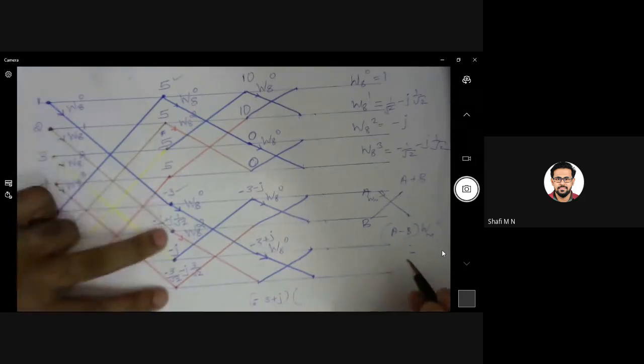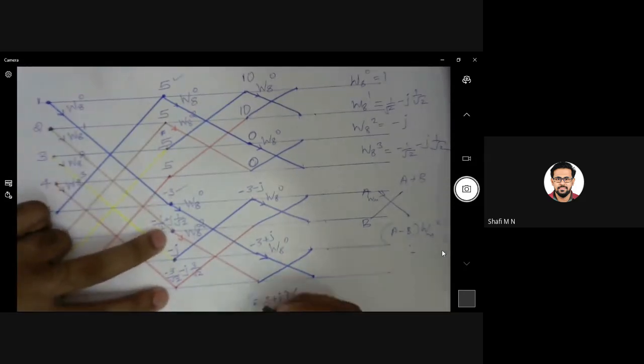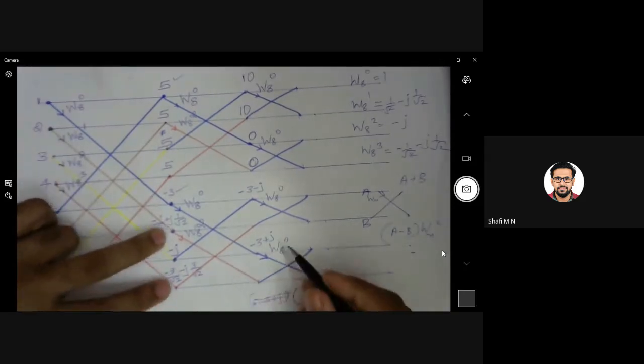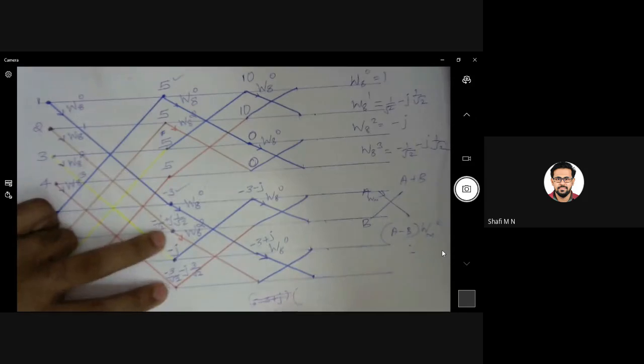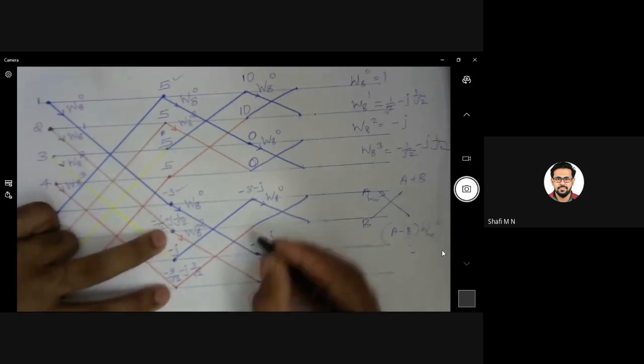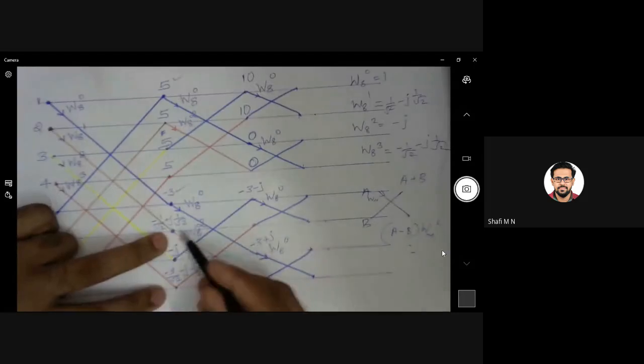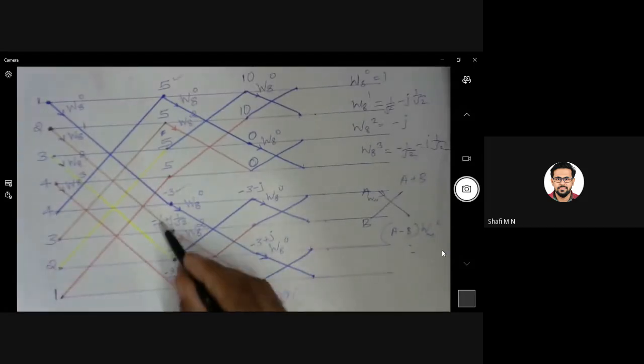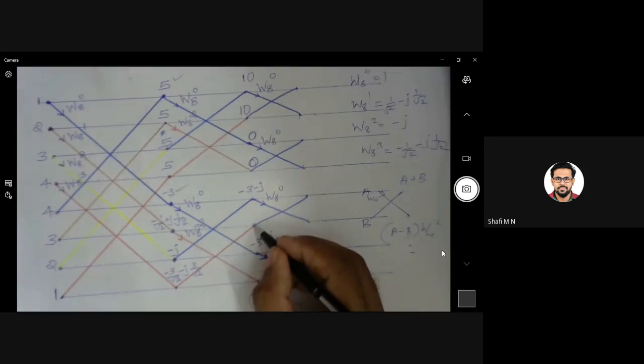Then the next, last butterfly, that will be a bit complex. See, you have to perform a plus b, right? So let me add the real parts. Minus 1 by root 2 minus 3 by root 2. So what will be that? Minus 4 by root 2, isn't it? So minus 4 by root 2.